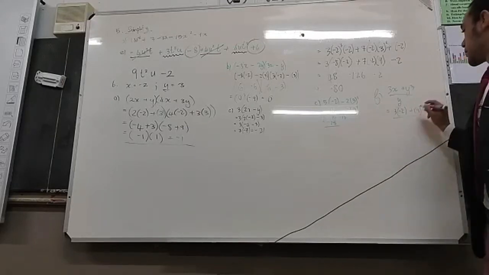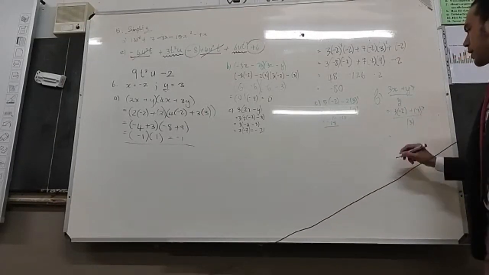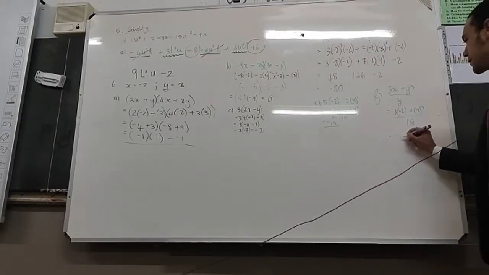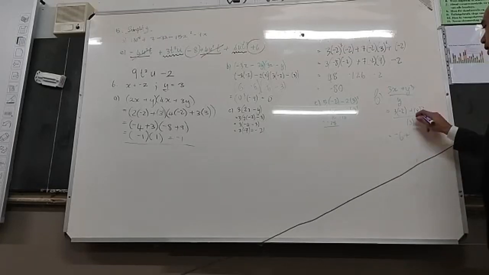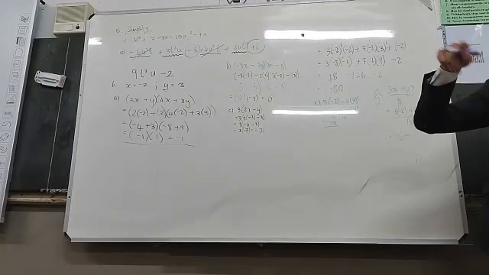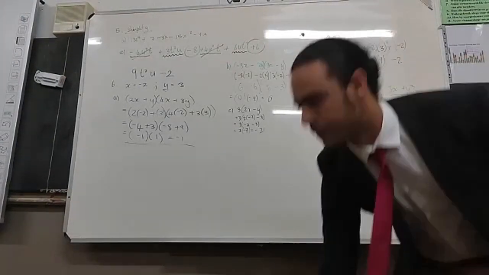So that's y to the power of 3, and then here we have just y, we substitute there. Alright, 3 times negative 2 is equal to negative 6 plus 3 times 3 to the power of 3. So that's 3 times 3, which equals 9, times another 3, which equals 27.